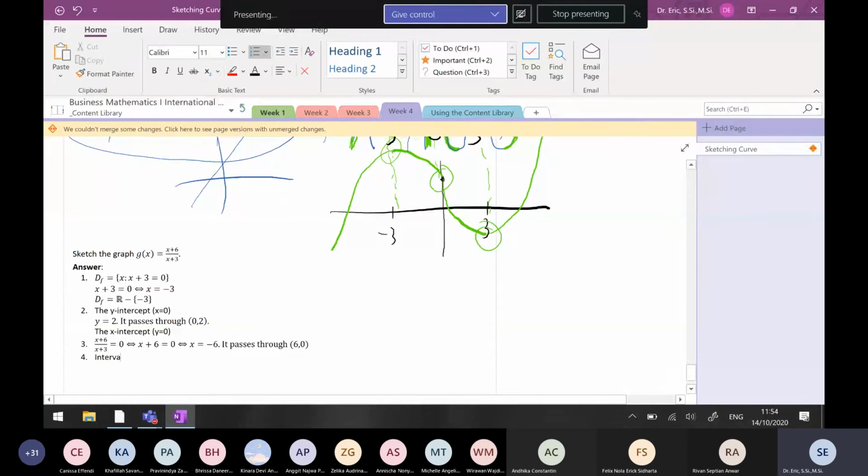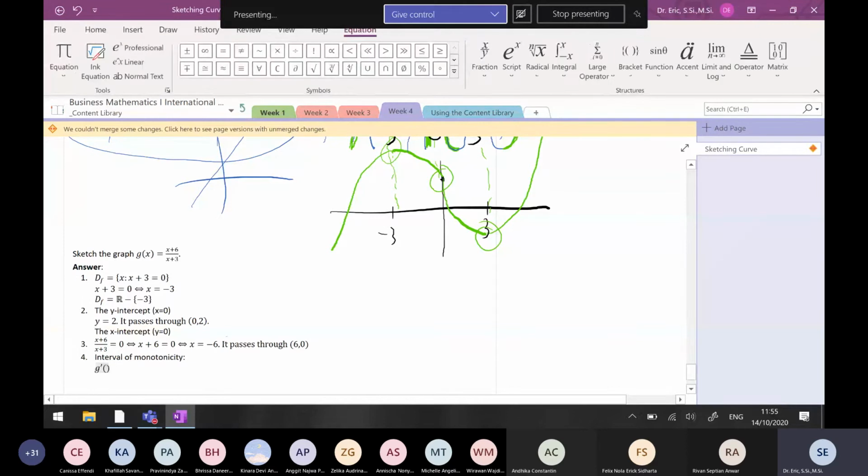And the interval of monotonicity. For this, I have to find g prime x. You remember, you let u equal x plus 6 and v equal x plus 3.